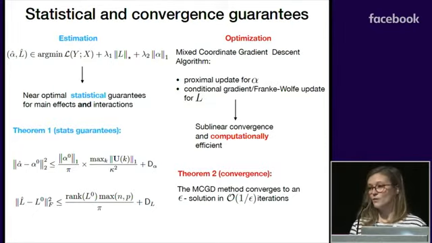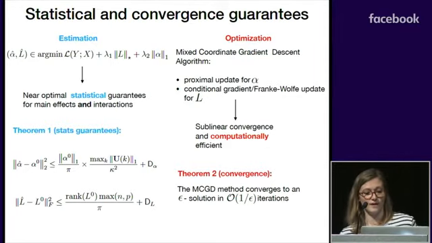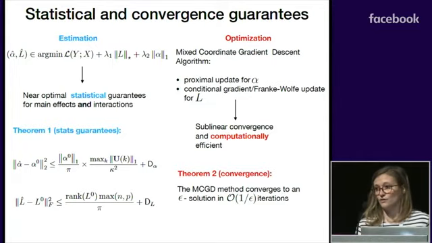And we solve the optimization problem with a mixed coordinate gradient descent algorithm, where the main effects alpha are updated with a proximal step, and the interaction matrix L is updated with a Frank-Wolfe step, and we prove sublinear convergence of this algorithm.